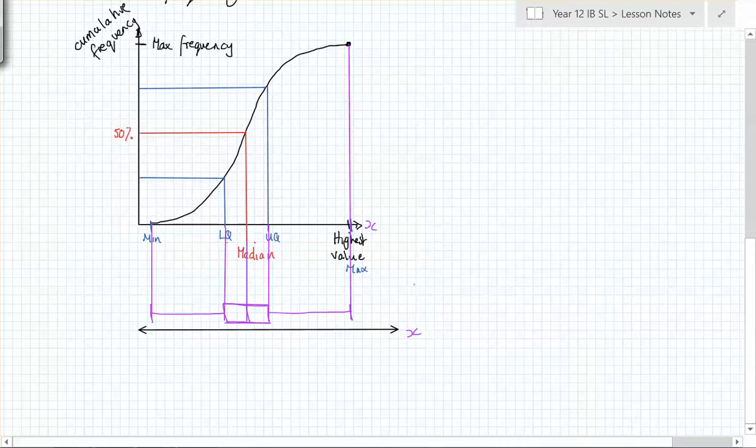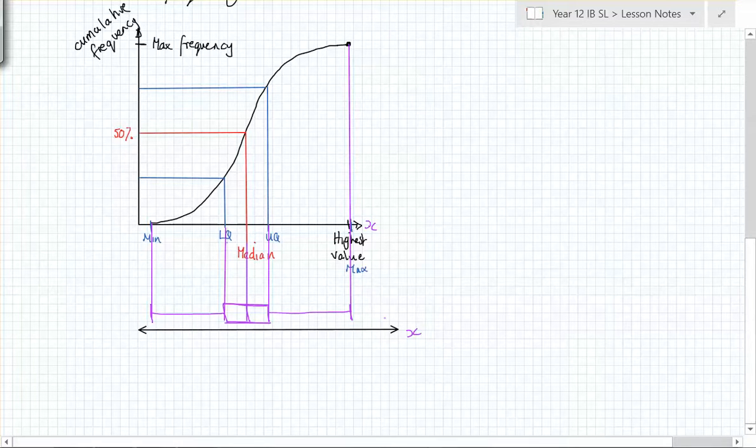Right? Now, hopefully you'll be able to see from my cumulative frequency curve, how does a cumulative frequency curve show the distribution? So I'm not going to say now, I want you to discuss it for just 2 minutes.